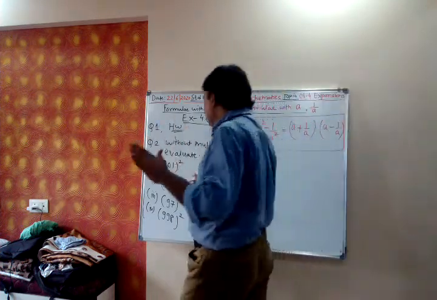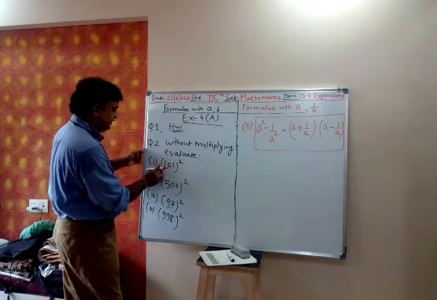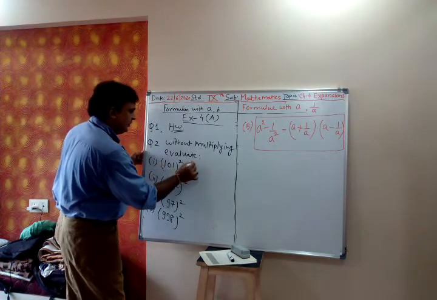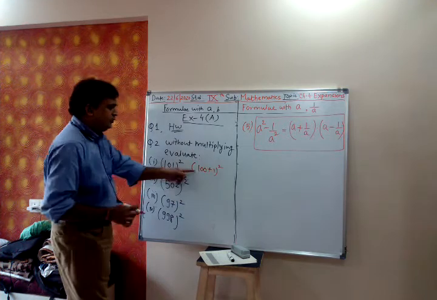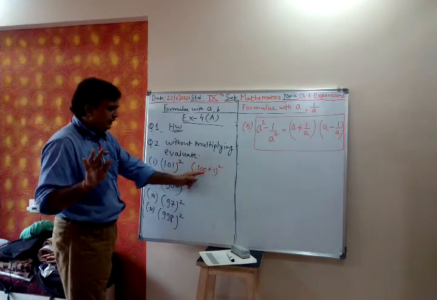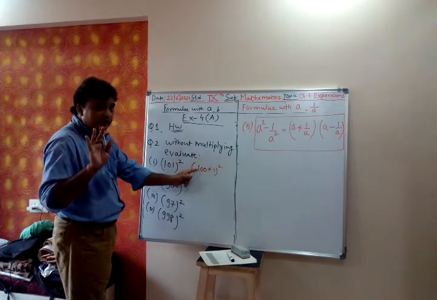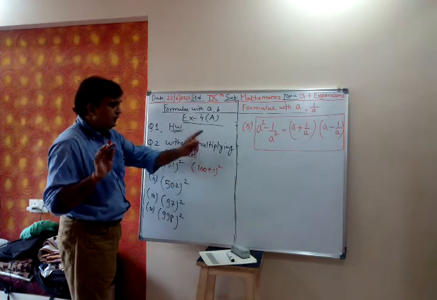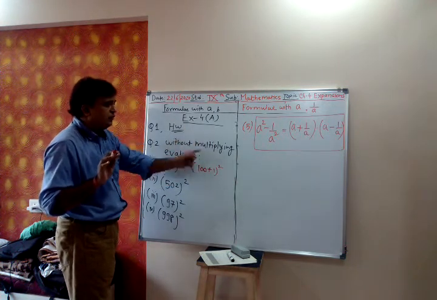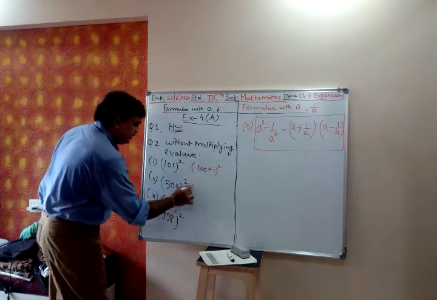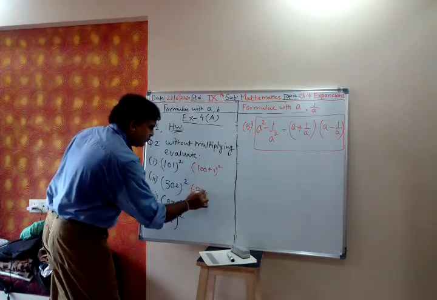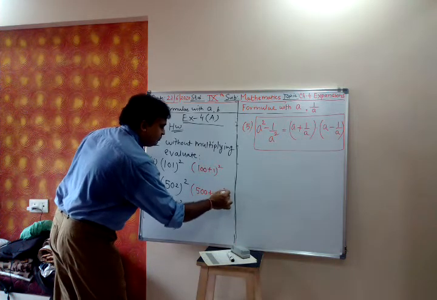See, I am just giving you the hint. 101 you will write 100 plus 1 square. Then use a plus b whole square, a square plus 2ab plus b square. 502 you will write 500 plus 2 whole square.